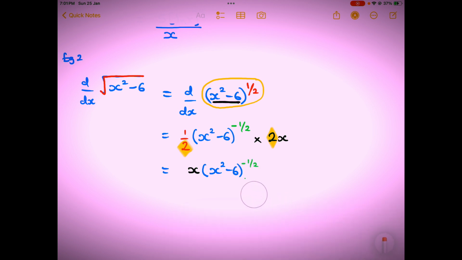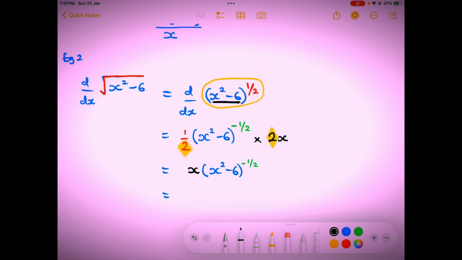So this is what we have, right? This is what we have, and we are not done. You could see clearly that the power is negative, so we prefer working with a positive index, but here the index is negative 1 over 2.